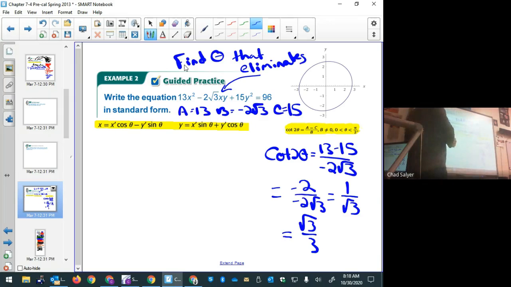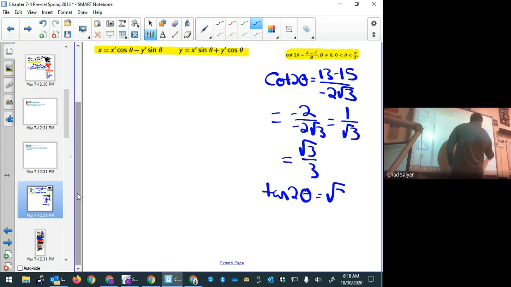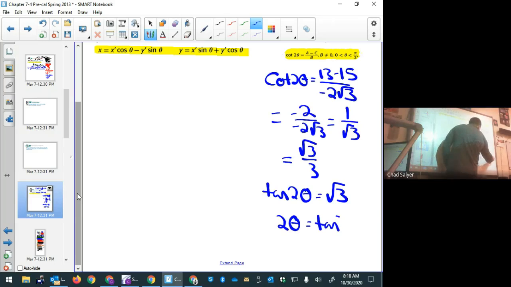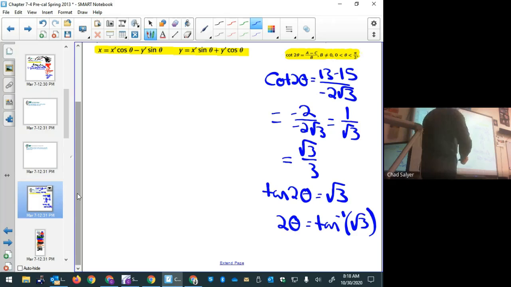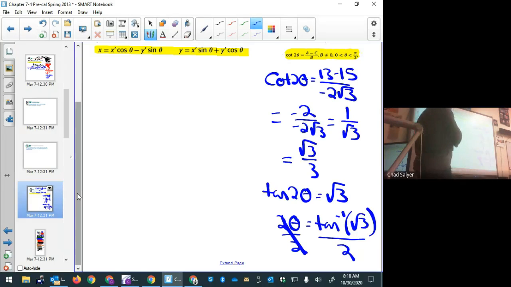So I need to use a tangent inverse. So cotangent of 2 theta, cotangent is not on our calculator. So I know if the cotangent of 2 theta is that, the tangent of 2 theta would be the reciprocal, which is just radical 3. And then if I take the tangent inverse, I'll get this relationship. Then if I divide both sides by 2, I'll get this for theta.